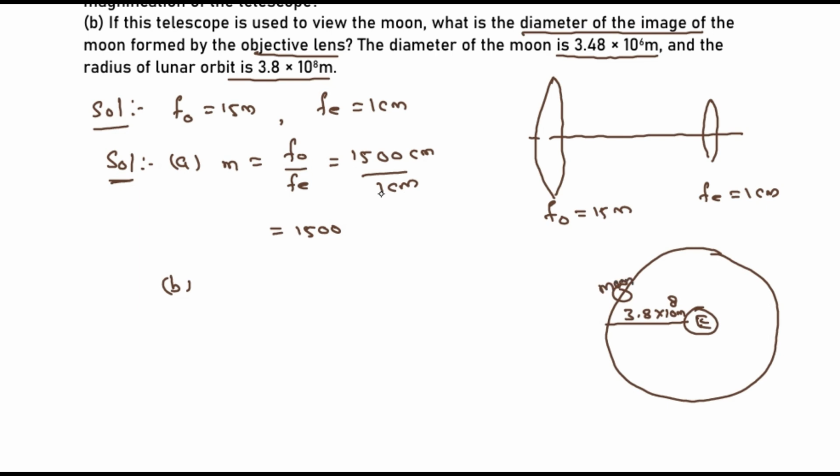So the situation we can take like this: this is the objective lens. Assume that this one is the diameter of the moon, and one ray is traveling like this, one more ray is traveling like this. It will pass through the optic center.